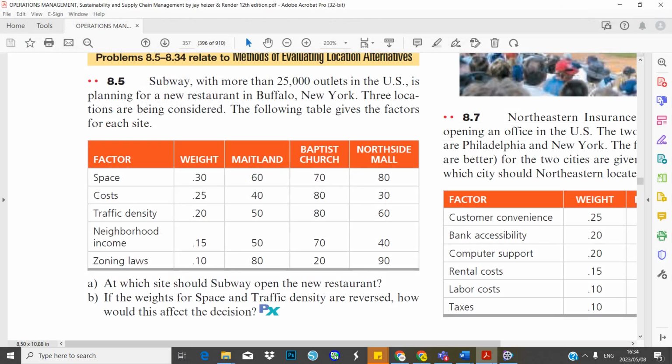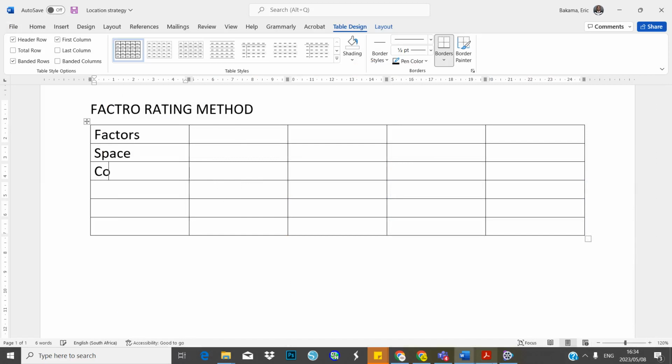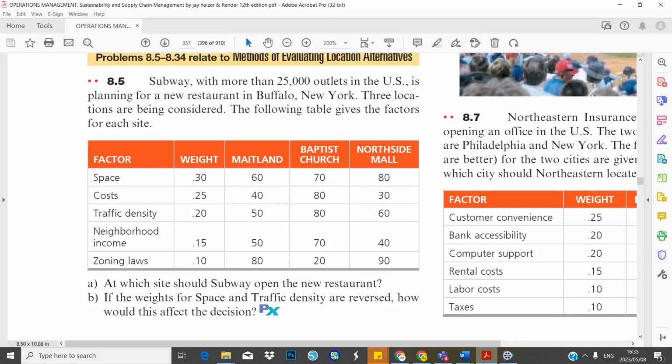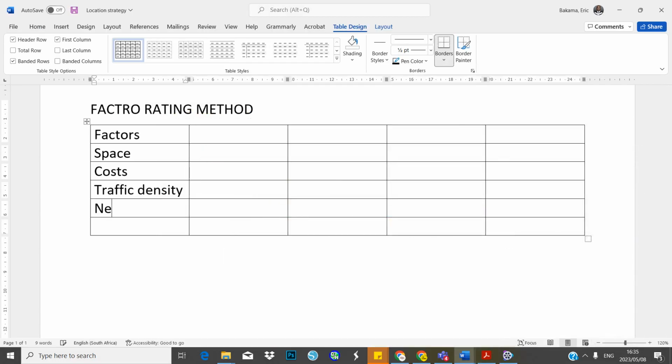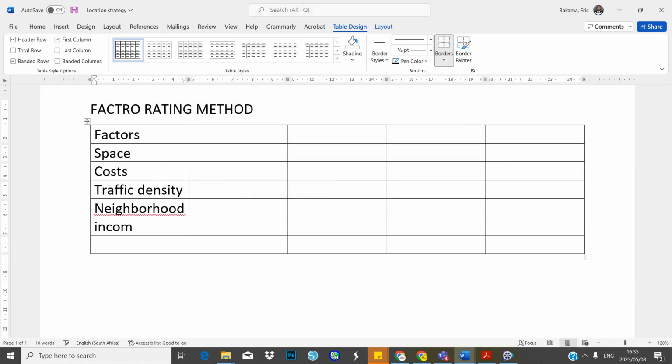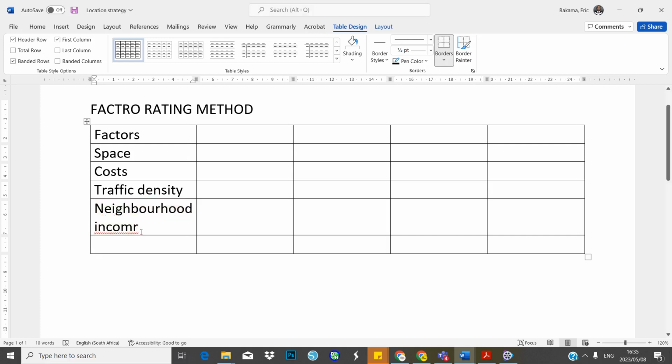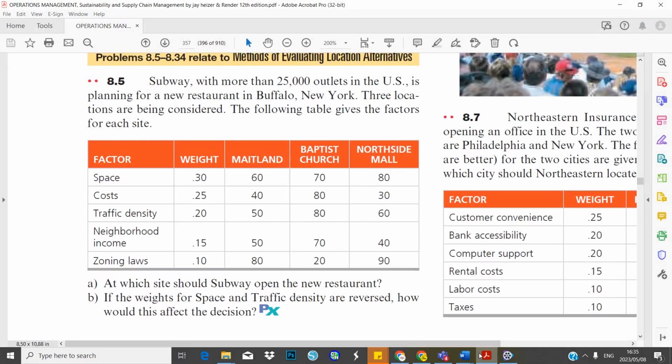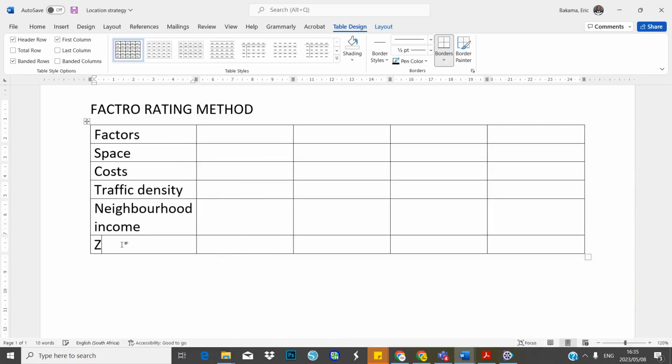I think we have space, cost, and traffic density. Then apart from that, we got the neighborhood income. And after the neighborhood income, we do have the zoning laws.